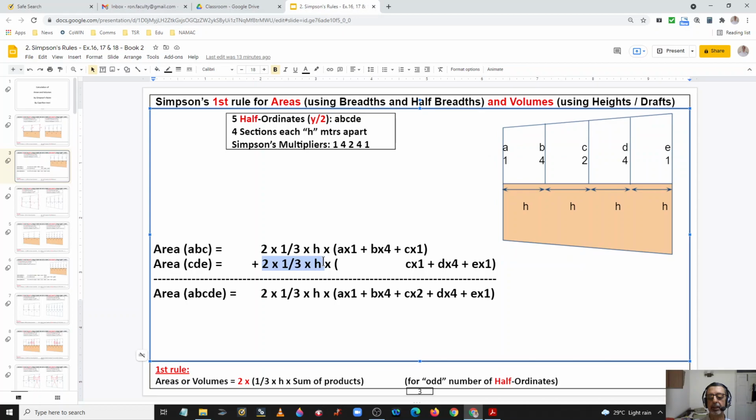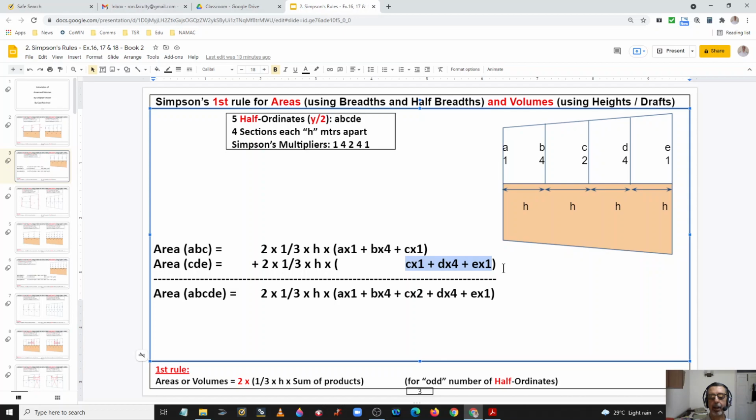And here we have c multiplied by 1 plus d multiplied by 4 plus e multiplied by 1. So once again we have 1, 4 and 1. That is the basic formula for basic multipliers for Simpson's first rule.